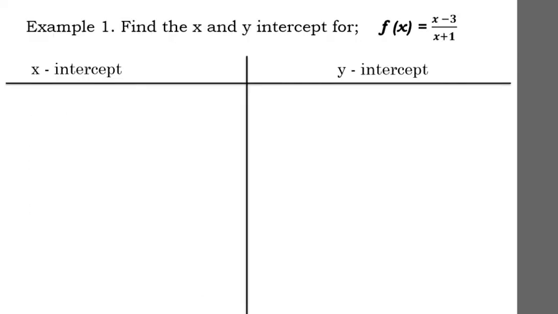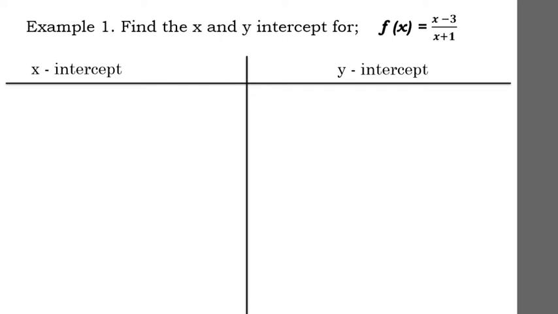Let us find the x-intercept and the y-intercept for f of x equals x minus 3 over x plus 1. As we have said in the definition, to get the x-intercept, we are going to set the value of y as 0.